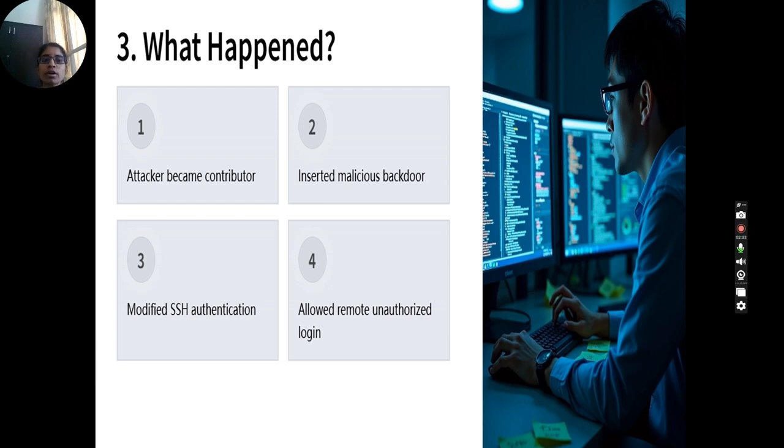This backdoor modified SSH authentication, allowing a remote attacker to log into systems without needing a real SSH key or password. This represented a severe breakdown of privacy, authentication, and system security.